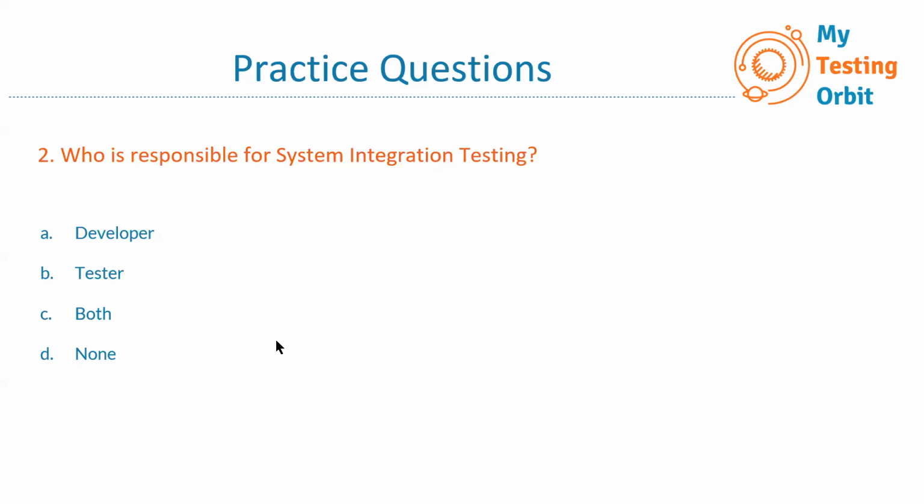So let's go through the ones who haven't answered it correctly. Okay, so Vineet, you have answered C, but mainly developer. Over here we are talking about system integration testing, not only integration testing. We learned that component integration testing is done by the developer.